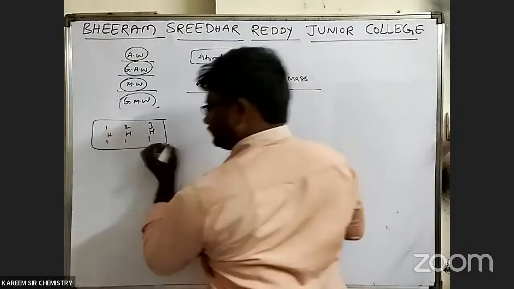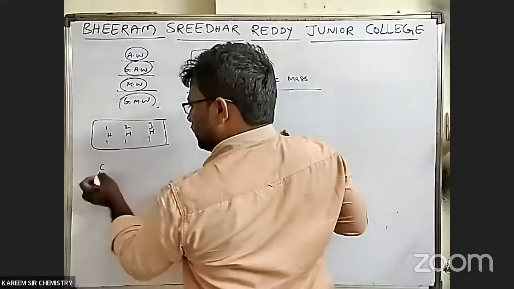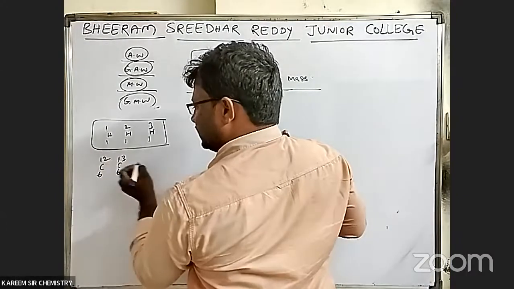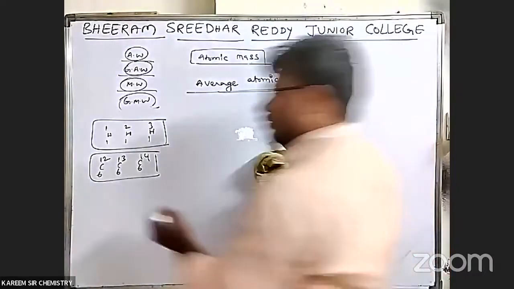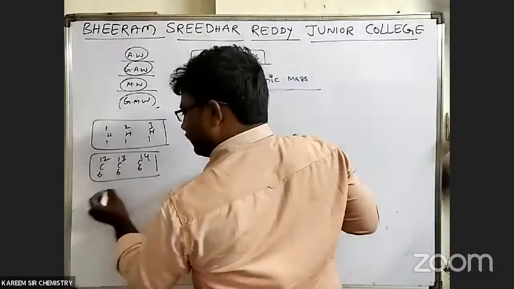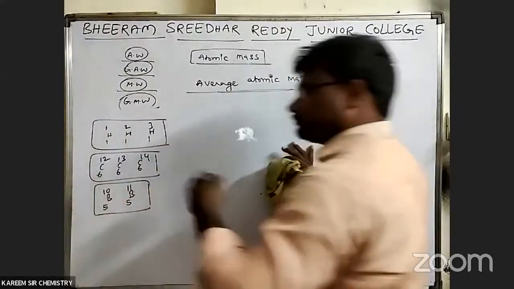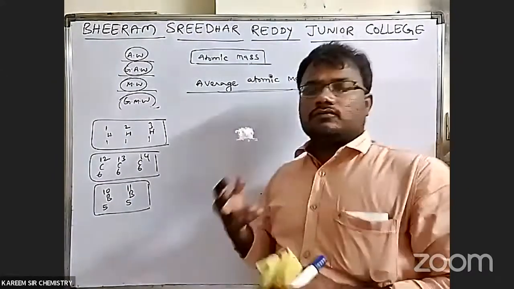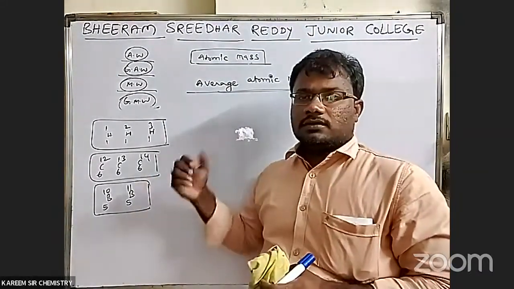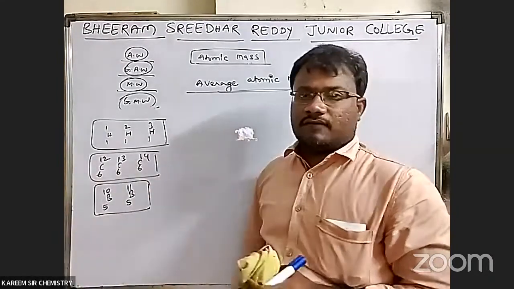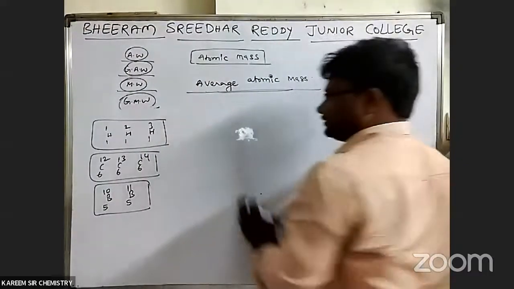Carbon is available in the form of 6C12, 6C13, 6C14. Boron is available in nature as 5B10 and 5B11. So if an element has many isotopes, then we should take the average of all these isotopic masses. Then it will give the average atomic mass.